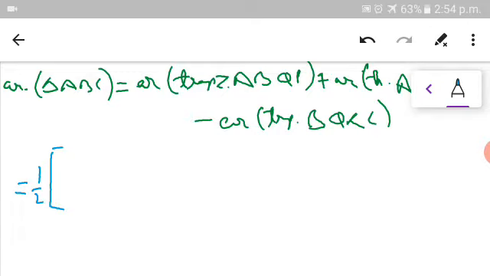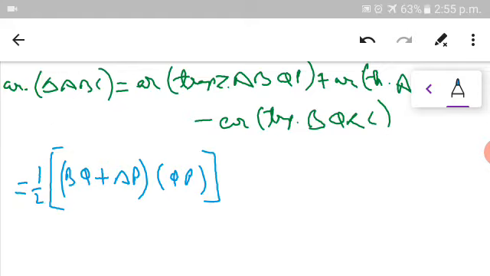In ABQP, the parallel sides are BQ plus AP, and then multiply by the height. Height means the perpendicular distance between the parallel sides, that is QP. So this is the area of trapezium ABQP.